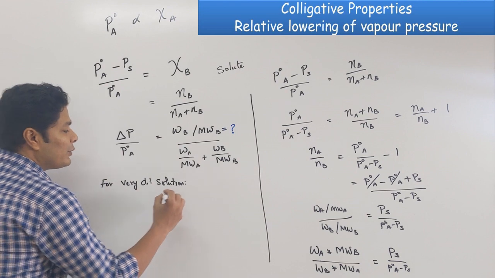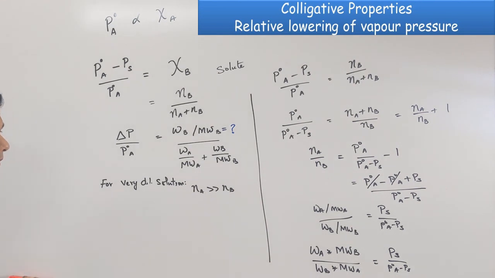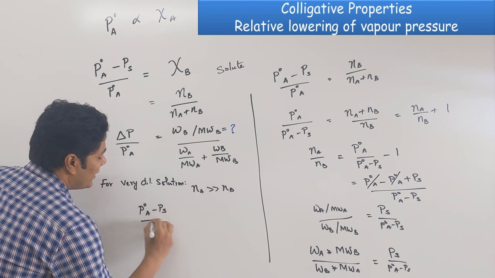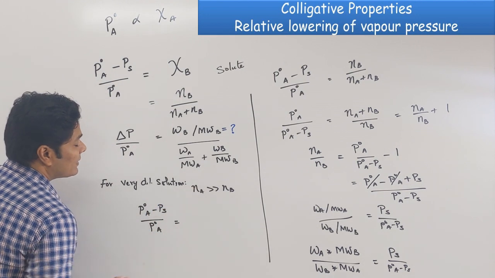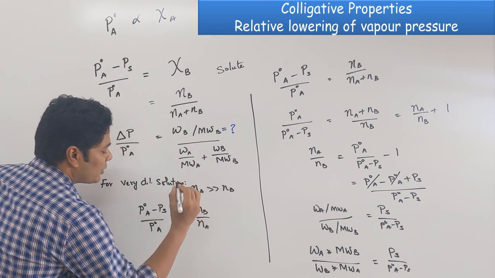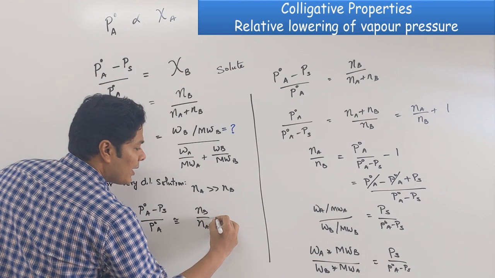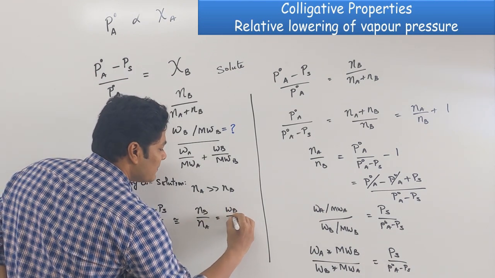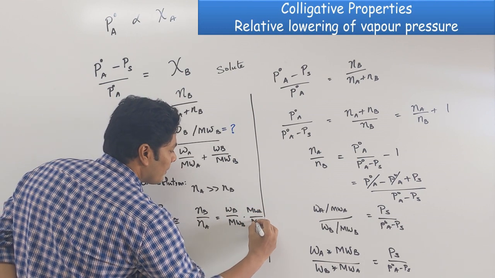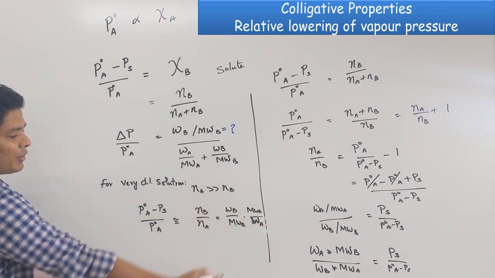If extremely dilute, then I can say my moles of A is much larger than my moles of B. Now P naught A minus Ps divided by P naught A equals, what can I do? Nb divided by Na approximately, because Na is much larger, so Na plus Nb is approximately equal to Na. So Nb by Na is mass B divided by molar mass B times molar mass A divided by mass A. Now I can do my calculation of MWB.